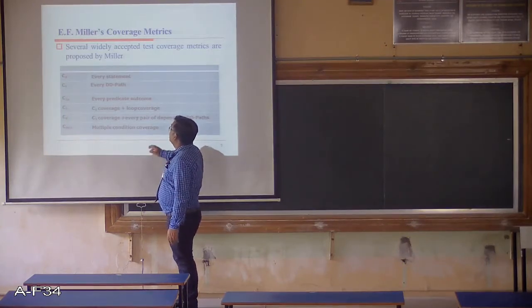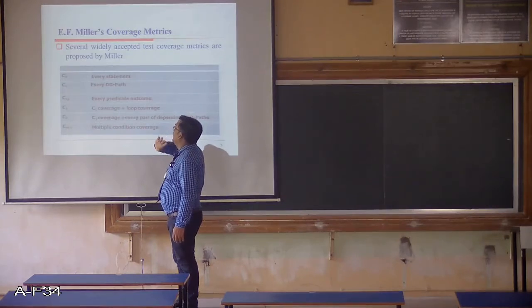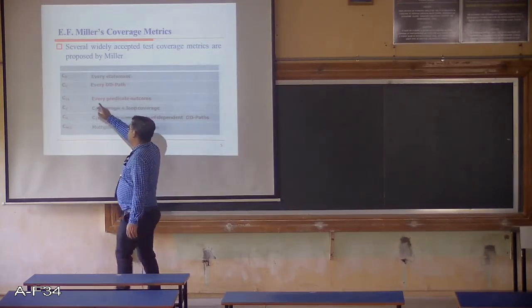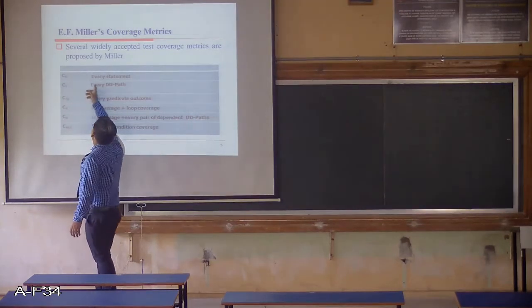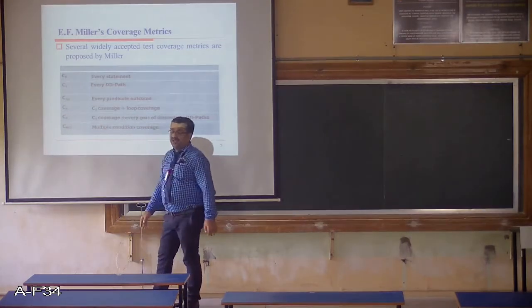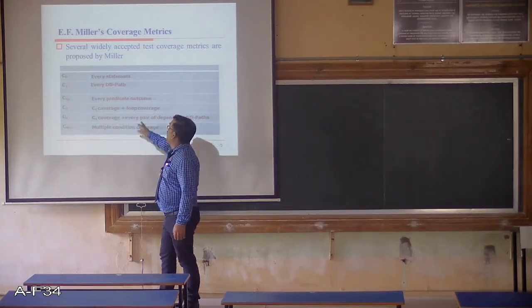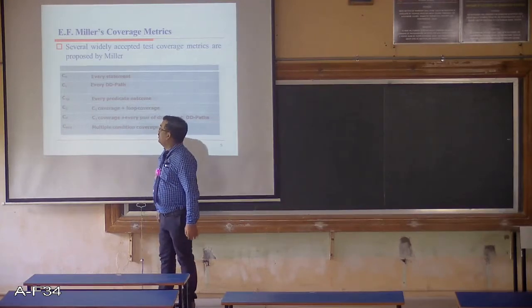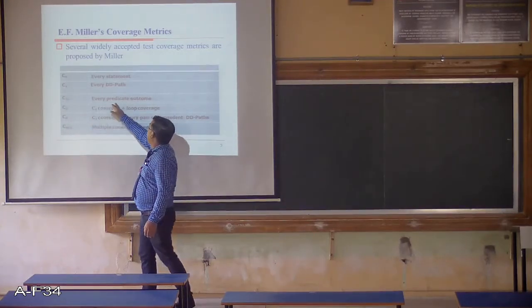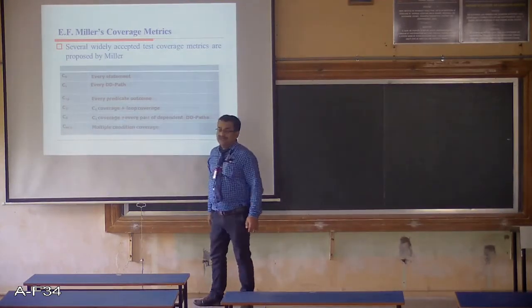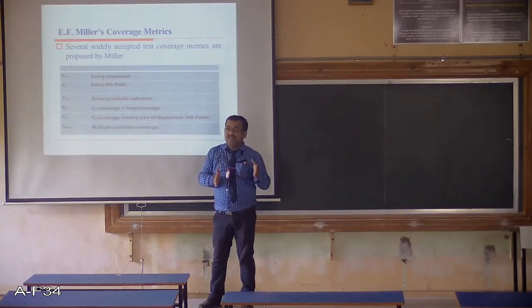He has provided a table where C0 indicates every statement, C1 every DD path, and C1P every predicate outcome. What is a predicate? Predicates are nothing but the decisions. So every outcome of the decisions.